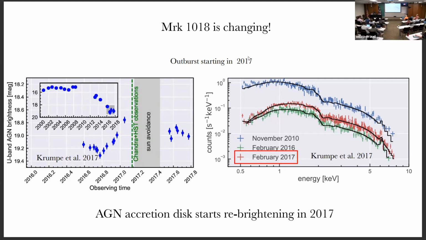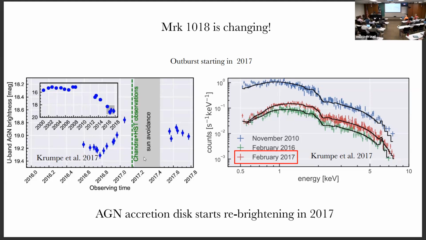So then later they reported another observation. The previous photometry stops around here, but afterwards they got more photometry at around 2017. They see that the system gets brighter and stays for a while.